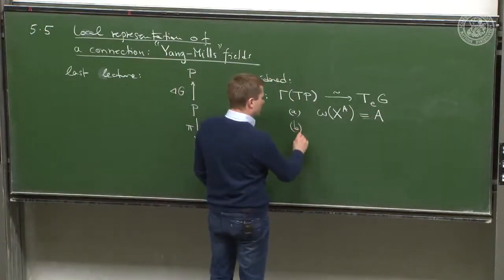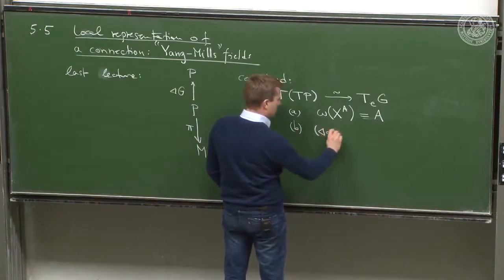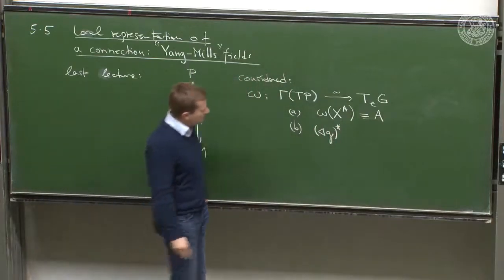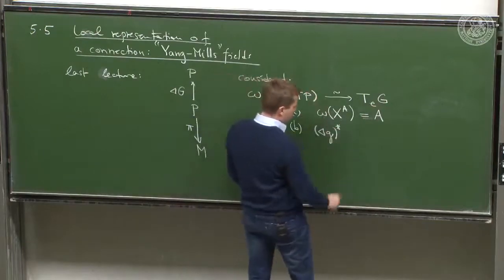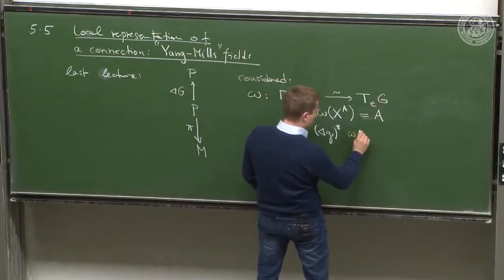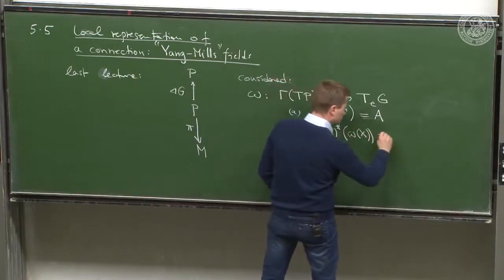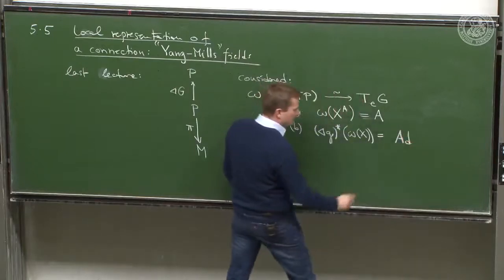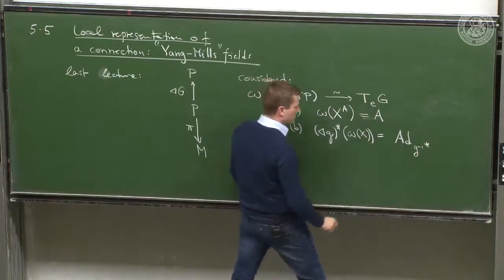And B, if you consider the pullback under the right action of an element g of the group G, then on this form, once you plug in an X, this equals Ad_{g^{-1}} push forward.